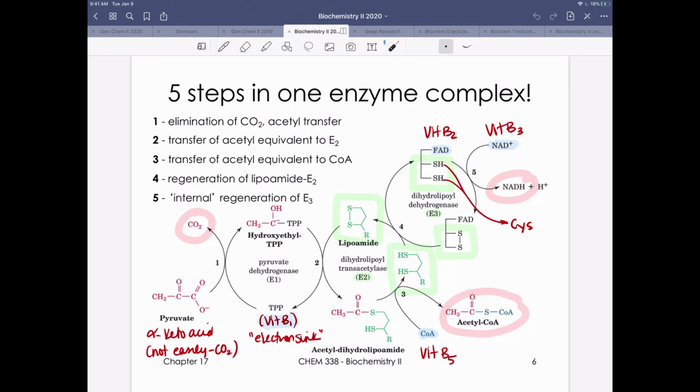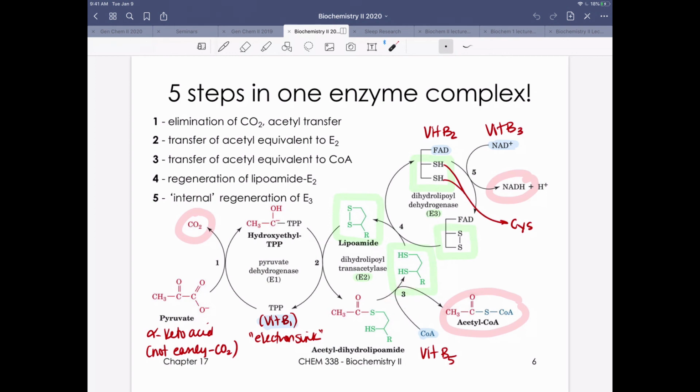So what happens in step 2 is an acetyl transfer from E1 to E2 that regenerates TPP in its free form. So E1 is ready. Its TPP is free, ready to help out with another round of chemistry. But we've got our E2 group now being busy. It's holding on to this acetyl group.